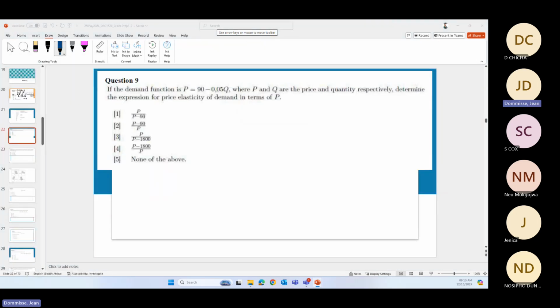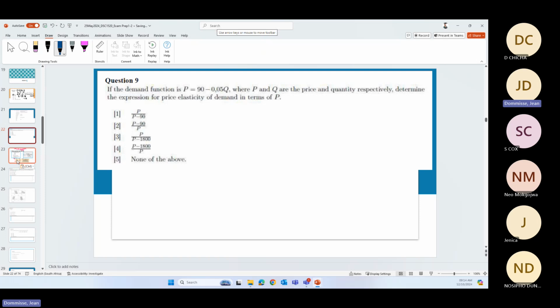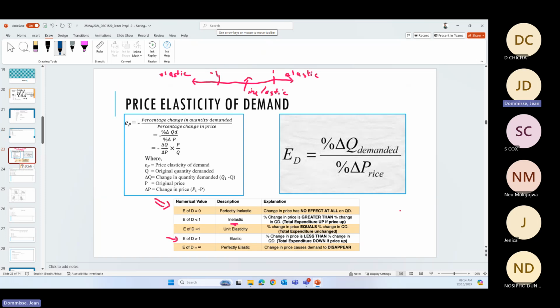So let me just quickly add it in. Cool. And then we can use it. So price elasticities, if I look at what we have here, all of those.